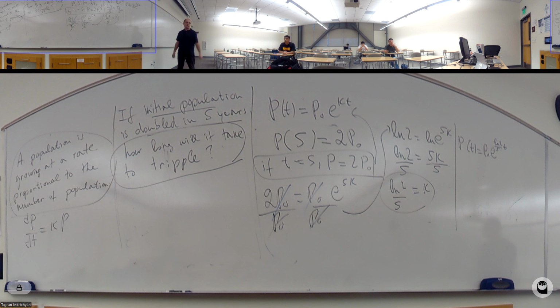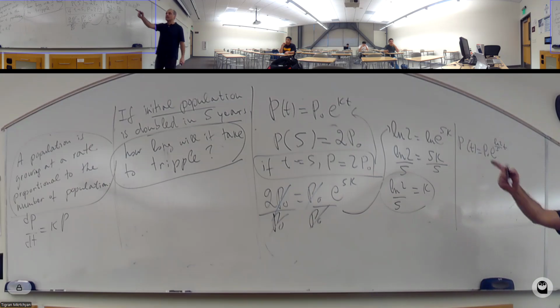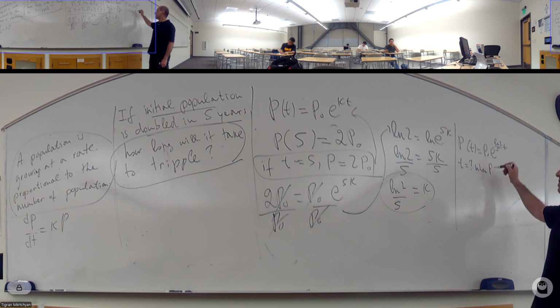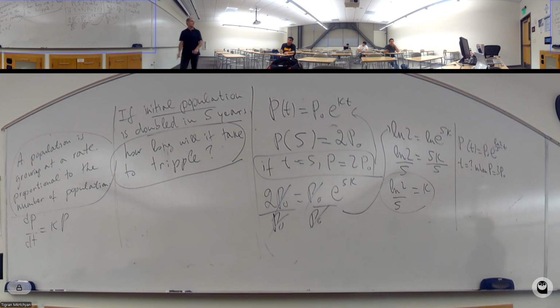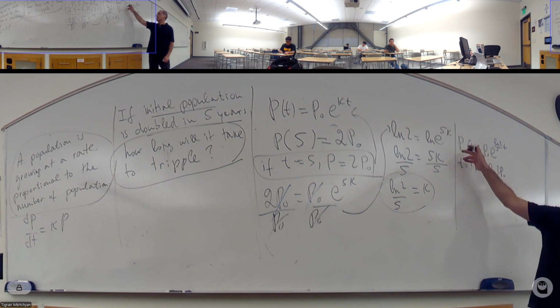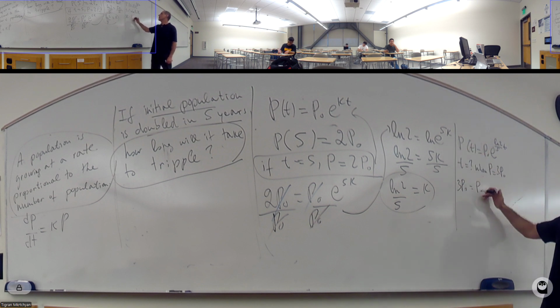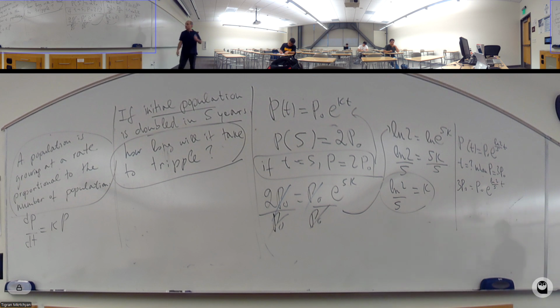You would plug in 3P initial. Correct. This says how long will it take, which means find the t when the population becomes triple what it was. Yes? So this is the population number equals this, and we are asked to find the time, then we'll what?